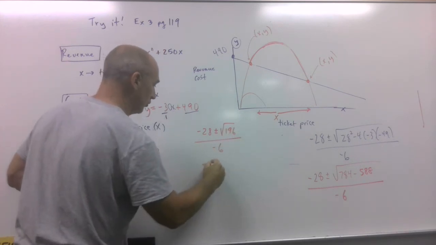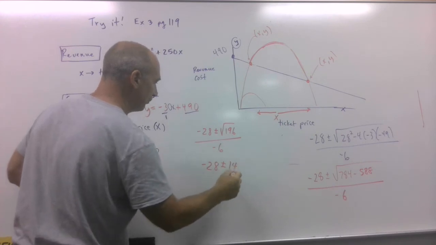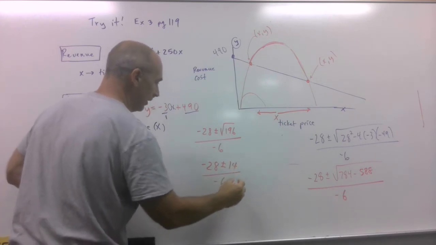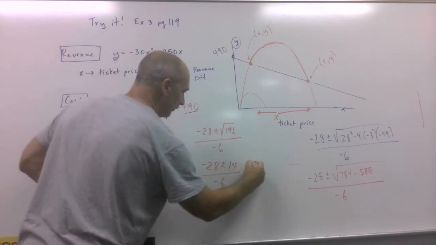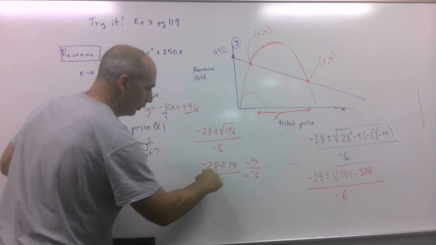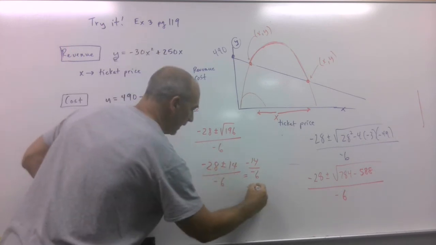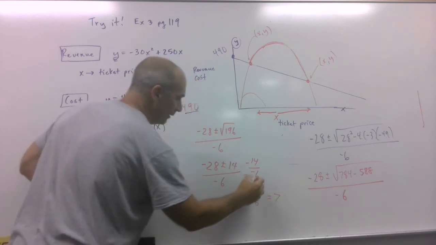The reason I said fortunately is that's actually 14 all over negative 6. Now watch this. Negative 28 plus 14 is negative 14 all over negative 6. Negative 28 minus 14 is negative 42 all over negative 6. Now this is just 7.